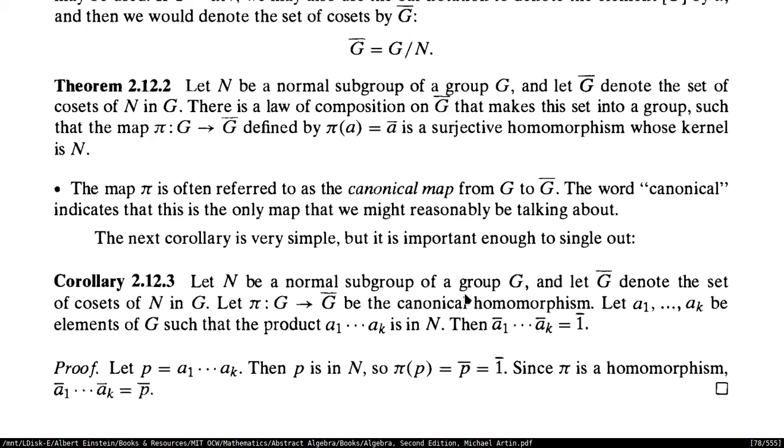But the corollary is that if you have the canonical homomorphism, and a1 till ak are elements of G, then if the product of these elements is in the normal subgroup, then the product of the cosets generated by these elements is going to be the coset generated by 1.